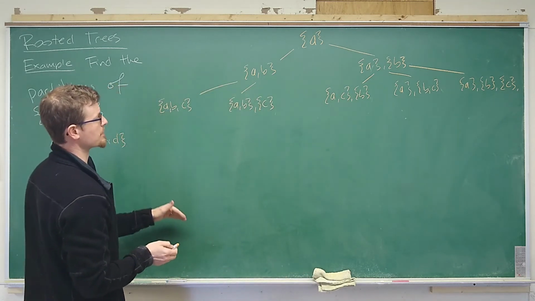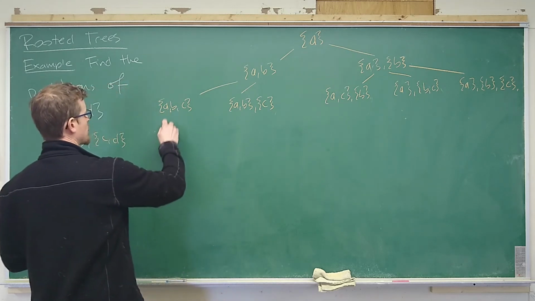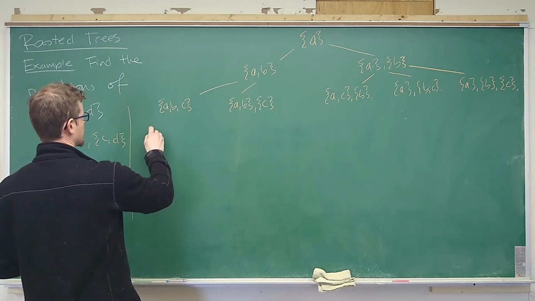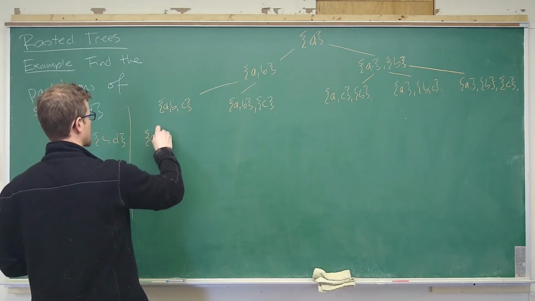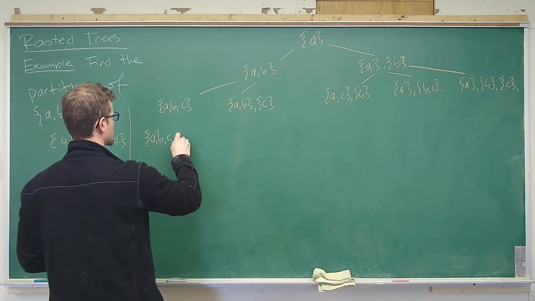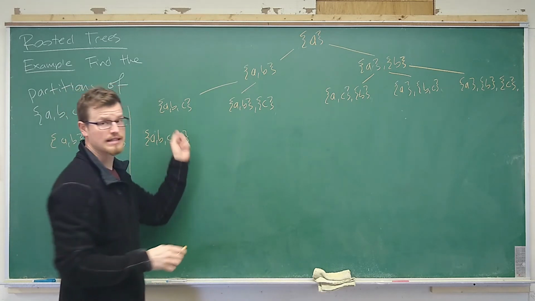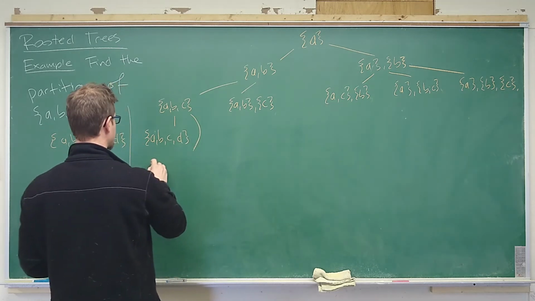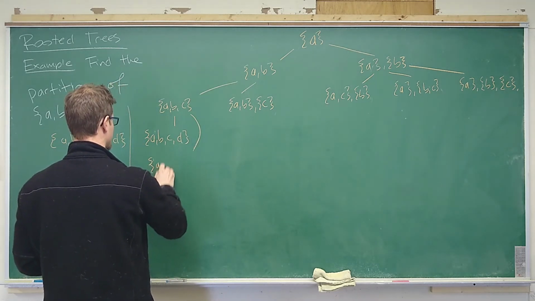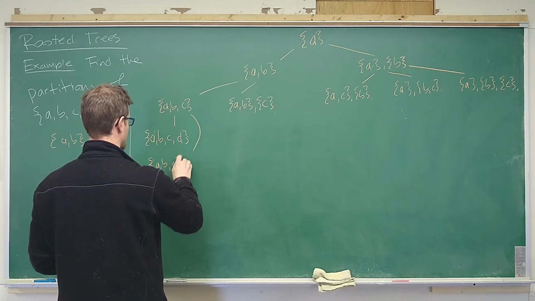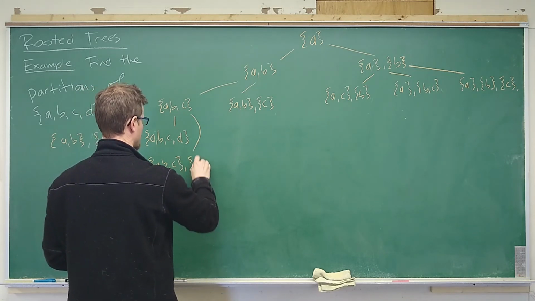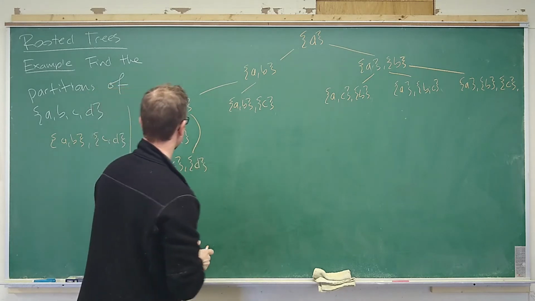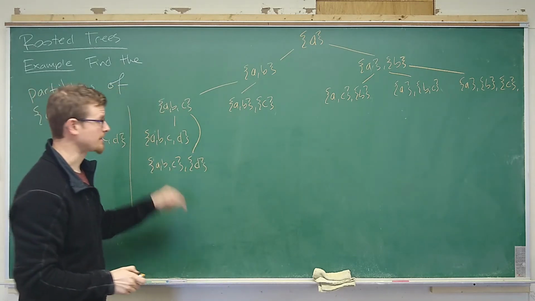I'll list them underneath. So I can write this guy out as {A, B, C, D}. I can add D inside the set, or I can add D outside the set. So I get these two additional sets.